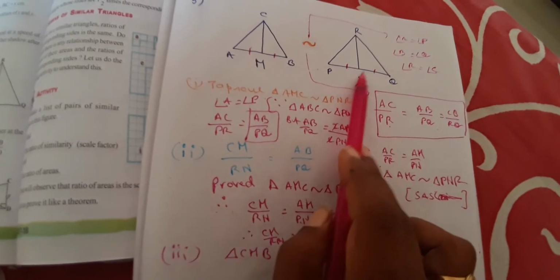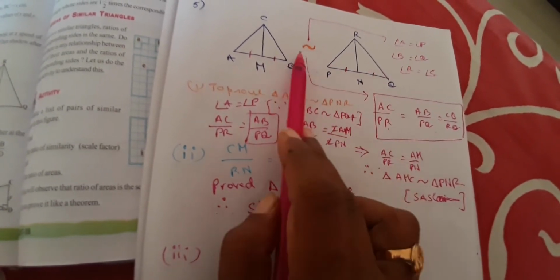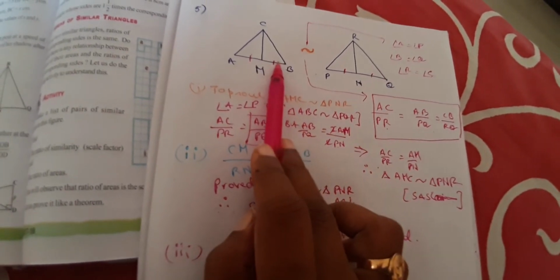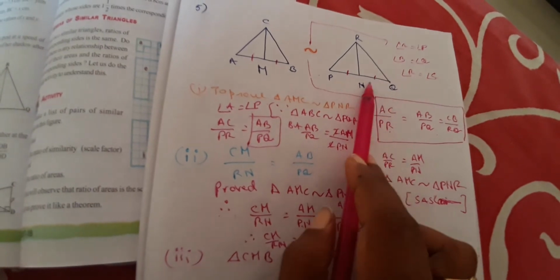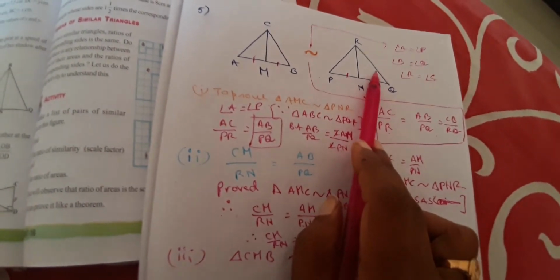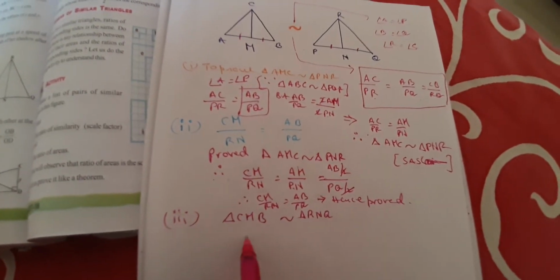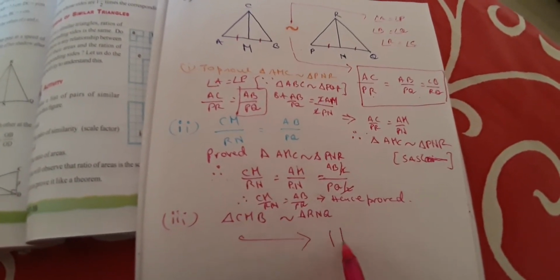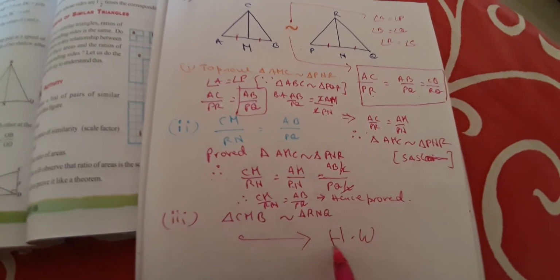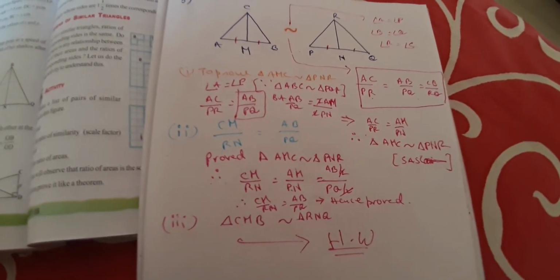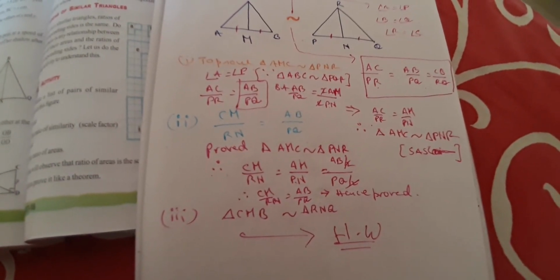So we got two sides to be proportional, and angle Q is equal to angle B. You can use the side angle side criterion and prove that these two are similar. So children, I am leaving this part to you as homework. You have to finish the homework and then post it to me, right?